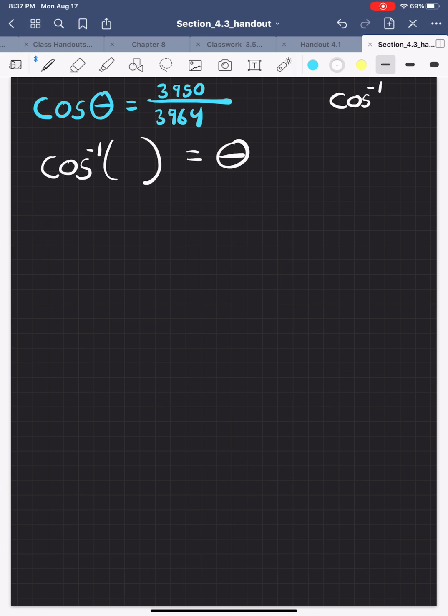But you could switch it to radians right now if you wanted to and save yourself time. But remember that this is what goes in your function. So 3,950 divided by 3,964. Okay, so cosine inverse of that ratio gives us a theta angle of 4.8 degrees.